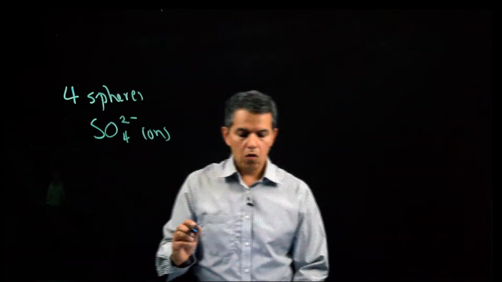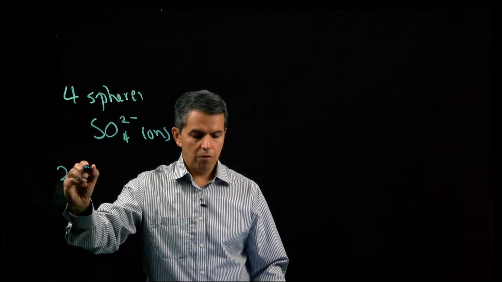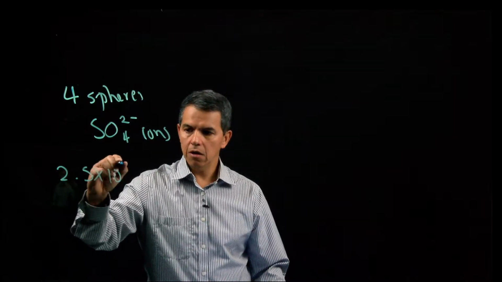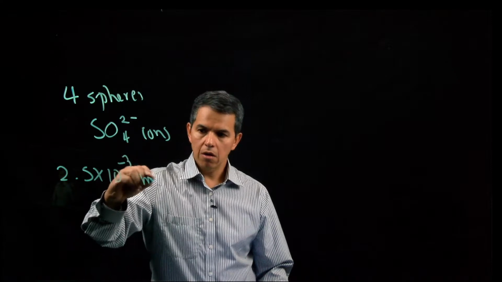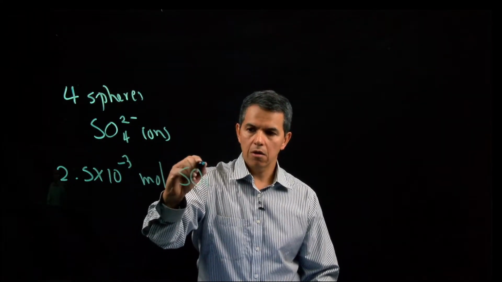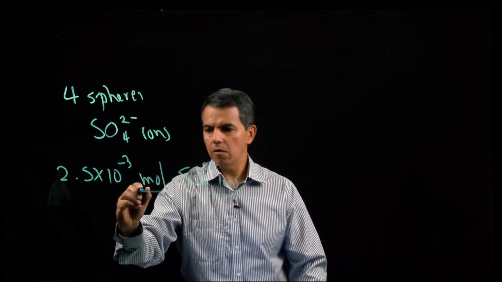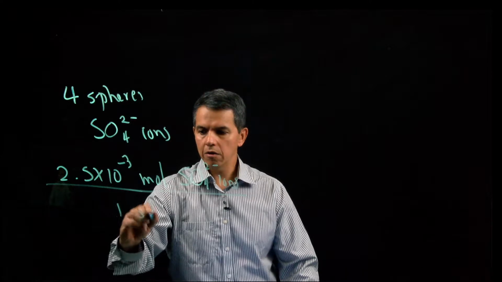So we know that we have the same conversion as before, 2.5 times 10 to the minus 3 moles of sulfate ions for 1 sphere.